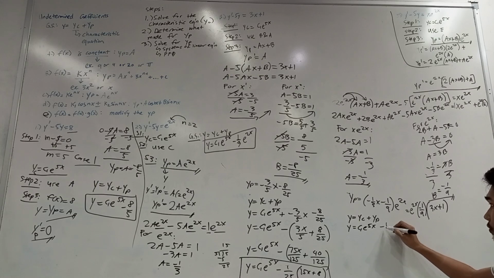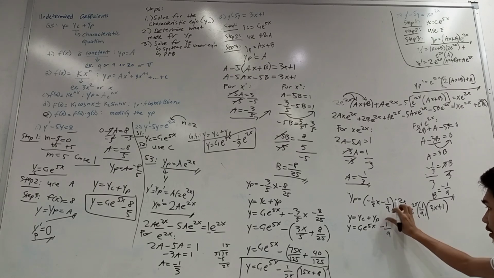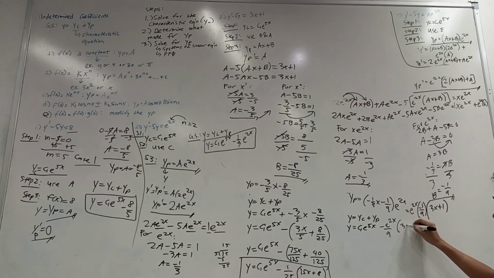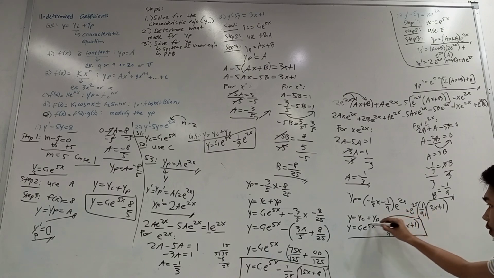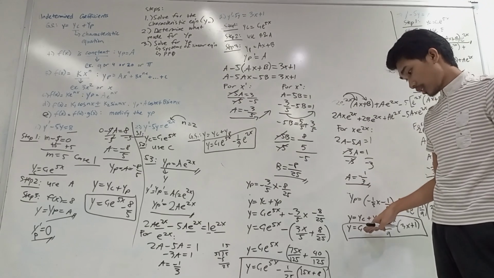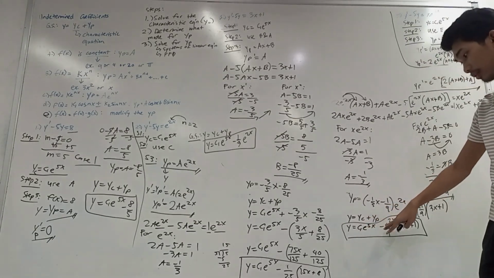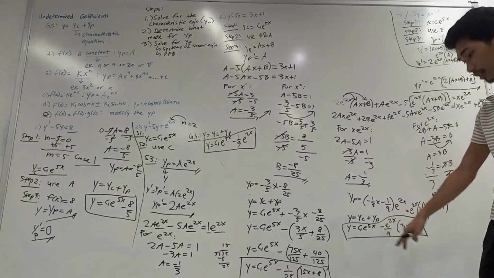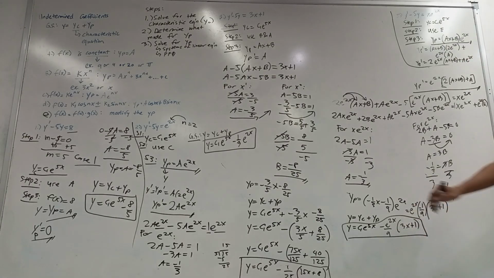So, negative 1/9 e raised to 2x times 3x plus 1. So, ang final answer is y equals to c1 e raised to 5x minus e raised to 2x/9 times 3x plus 1.